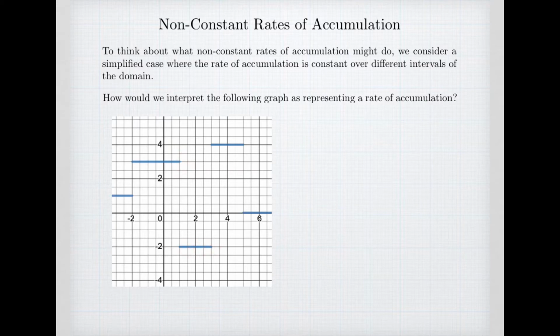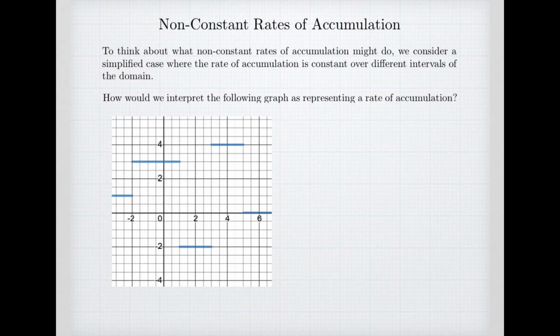On the interval from x equals 1 to x equals 3, I have a rate of change of -2. Another interval goes from 3 to 5, and my rate of change is 4 on that interval. After 5, we have a rate of change of 0. Before -2, I have a rate of change of positive 1.